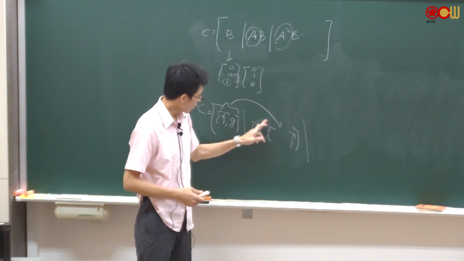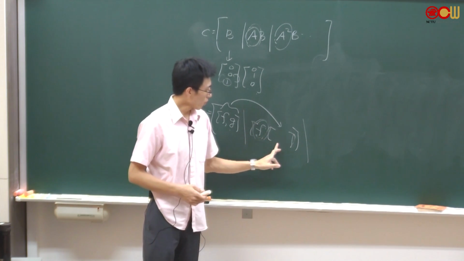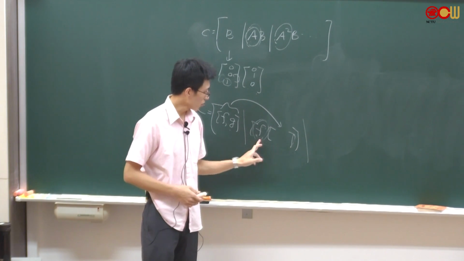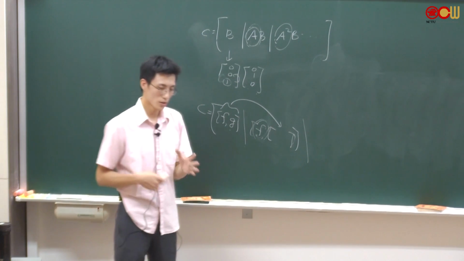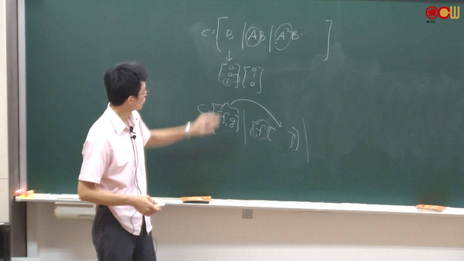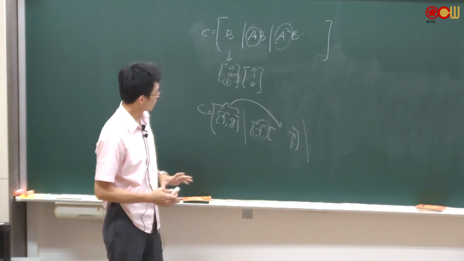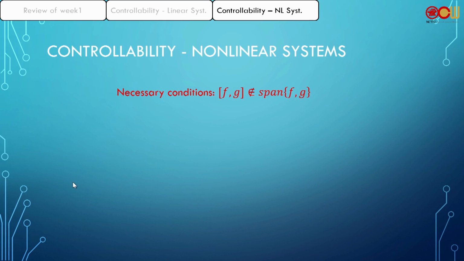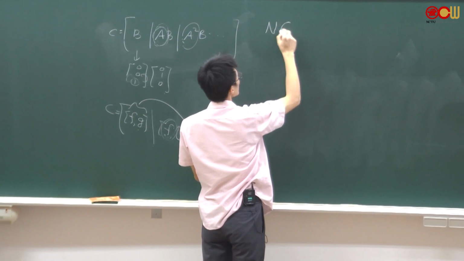Now we add one more F, right? So it's one more control input. So we want to see how this combination of control input can change your column vectors, evaluate if it's full-rank. This is a necessary condition for controllability of nonlinear systems. If this doesn't hold, the nonlinear system will not be controllable. Necessary condition, okay?